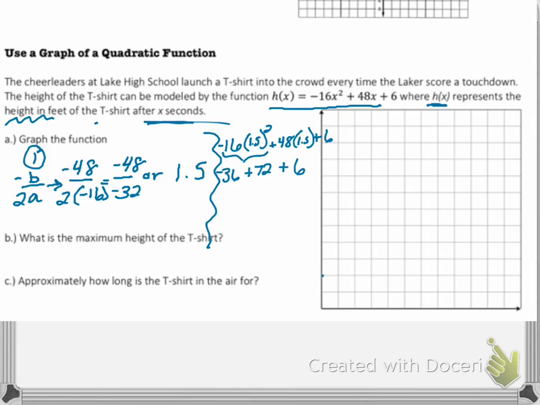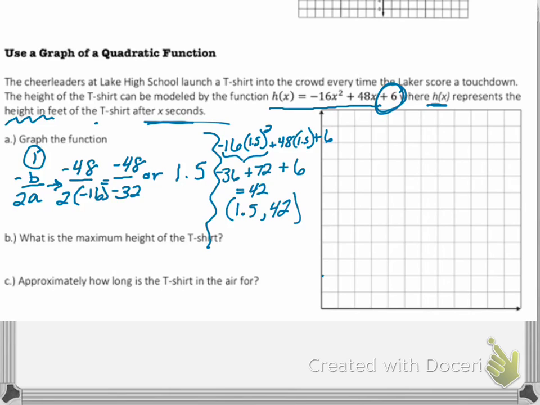And then the whole thing comes out to be 42. And so I know my vertex is at the point 1.5 and 42. So what that means is that at 1.5 seconds, the t-shirt is going to reach a maximum height of 42. But before I can graph this, I also know that my y-intercept is 6.